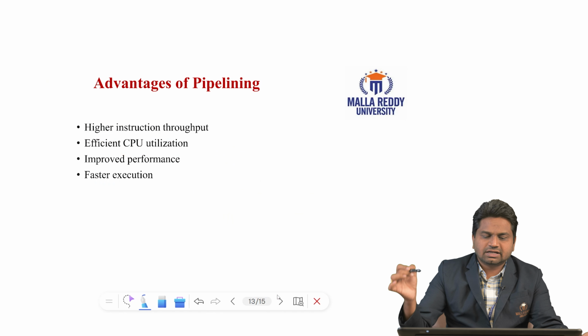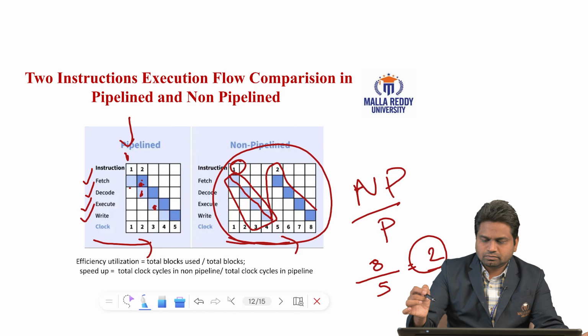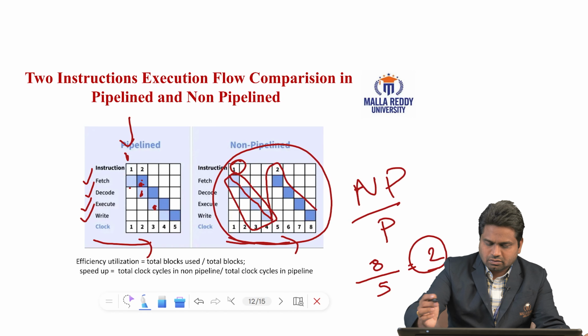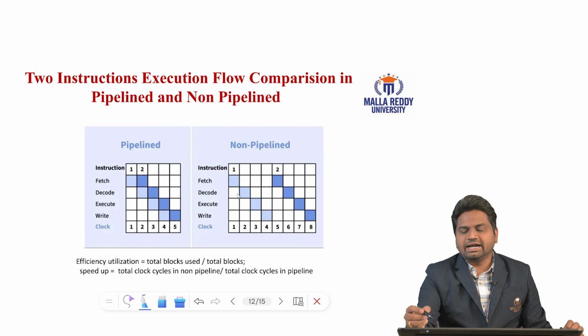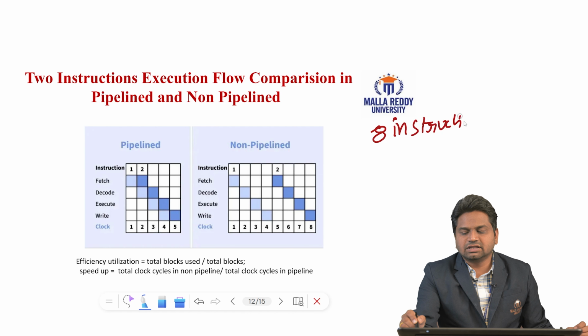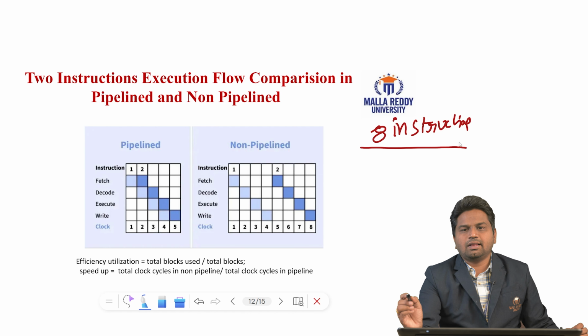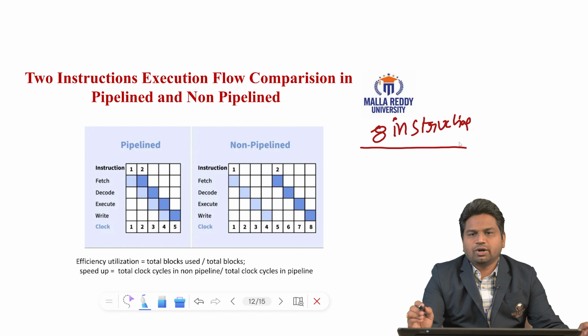I will take one other example. I am now taking 8 instructions. Observe here, I am giving the complete explanation with this very good example. 8 instructions are going to be executed with a 4-stage pipeline.